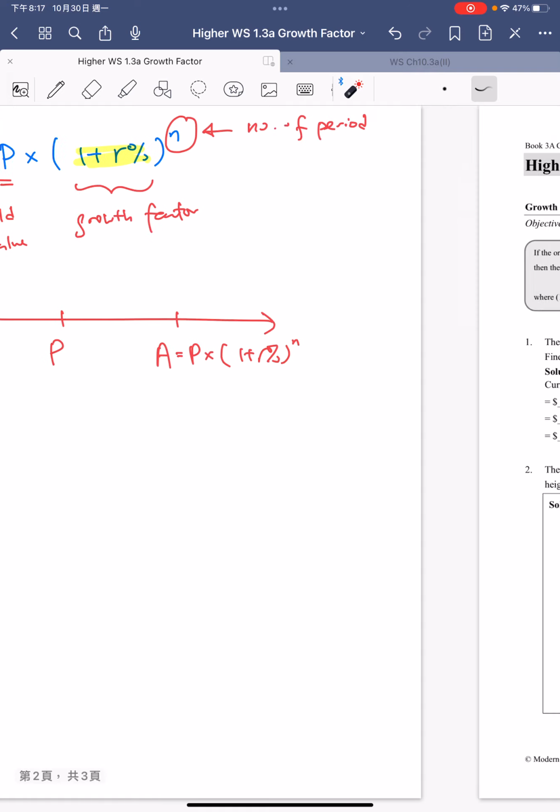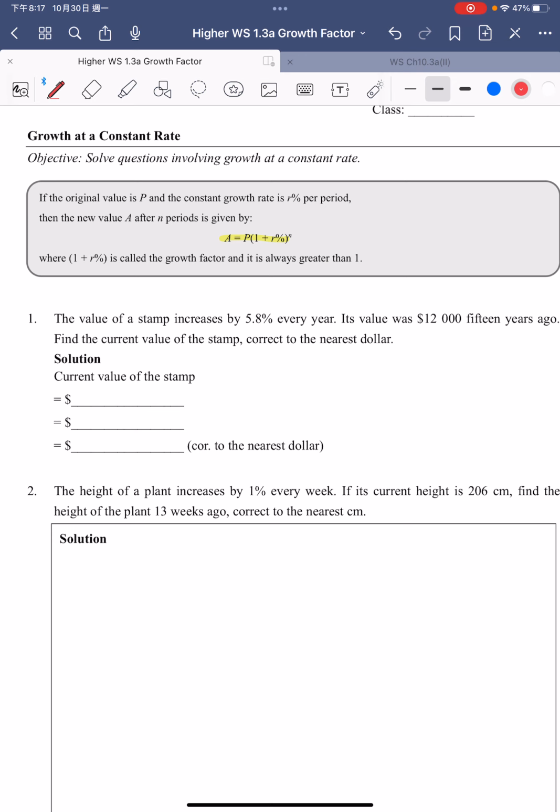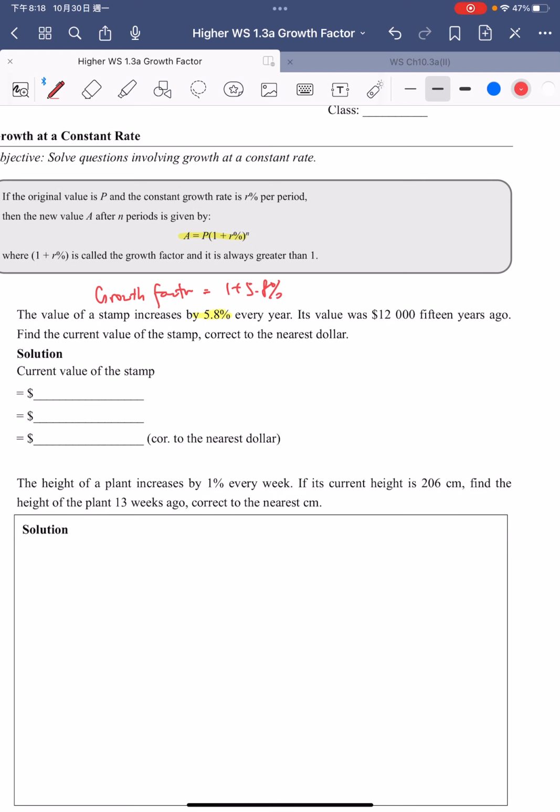Alright, so for the first question, we have the value of the stem increased by 5.8% every year. So this is the growing rate, but the growth factor is going to be equal to 1 plus 5.8%. Its value was 12,000 15 years ago, and they're asking about finding out the current value.